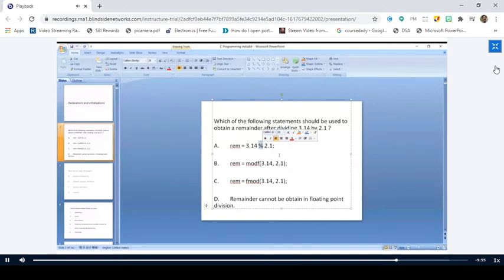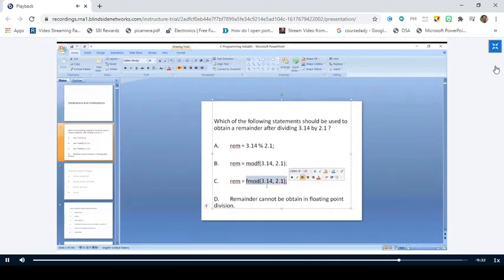Can you hear my voice? Yes, sir. So we know that there is an operator called modular division operator, which gives the remainder of integer numbers. The limitation of this operator is it cannot be operated on floating point numbers.